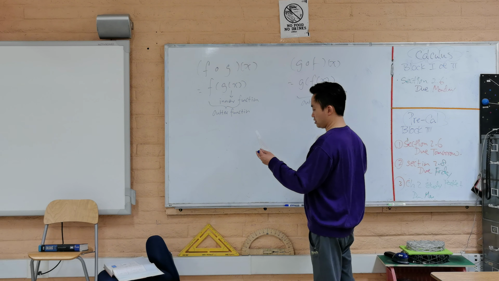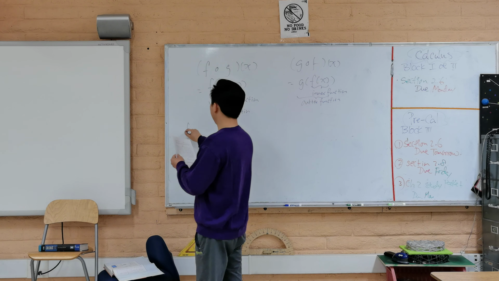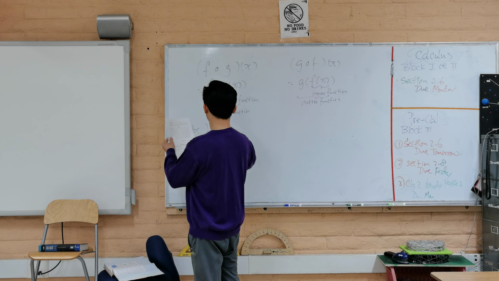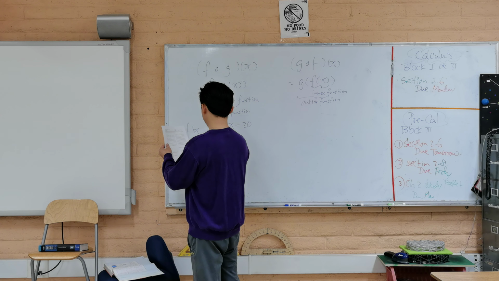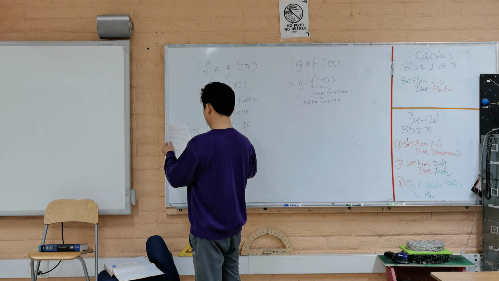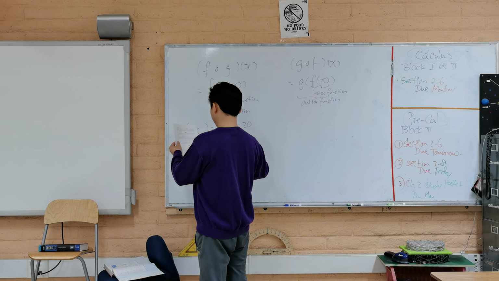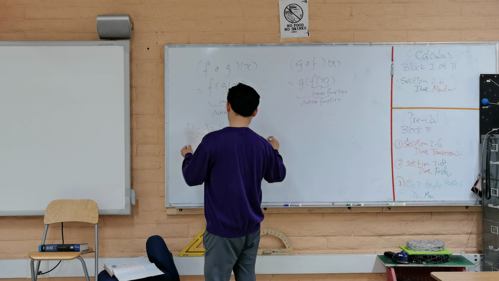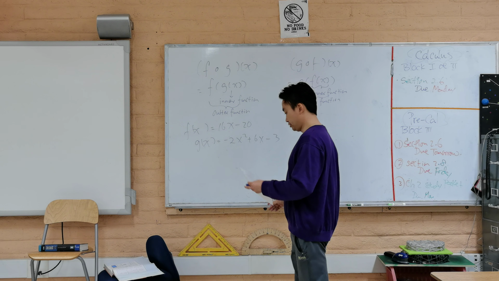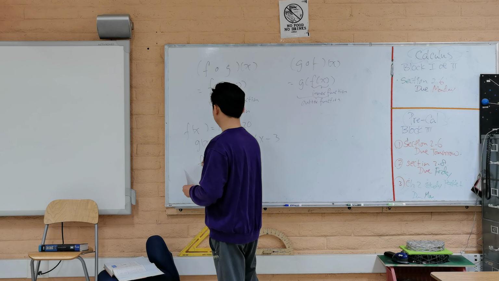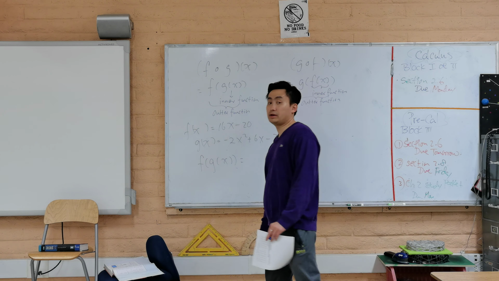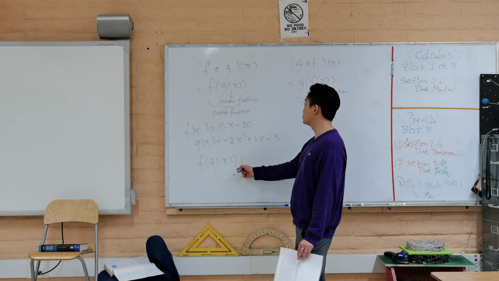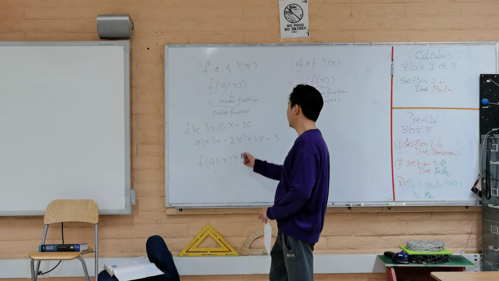So now, here's one of the problems. So let's say f of x is 16x minus 20. And then for g of x, it's negative 2x squared plus 6x minus 3. So now you want to find out f of g of x. Well, the first thing that you want to do, you always want to start with the inner function. So the inner function for this one is g of x.